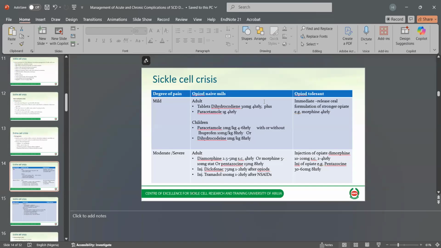Injection of opiates, diamorphine, 10 to 20 milligram subcut, 2 to 4 hourly, or opiates, e.g. pentazocine, 30 to 60 milligram 4 hourly.